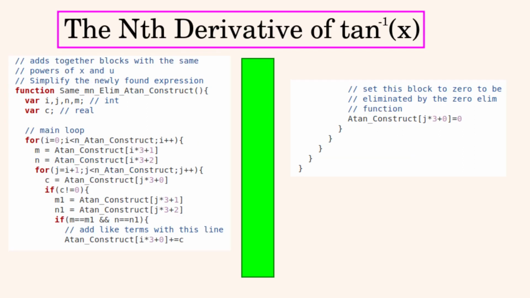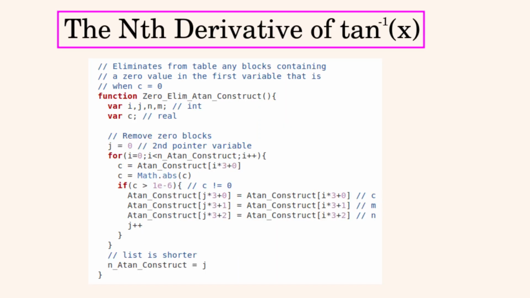So this is the function that gathers like terms together, adding their coefficients. This function is identical in all of the programs used to find derivative tables. This is the function that eliminates zeros in the newly constructed expression. It does this by having one indexing integer lag another, so that zero terms are written over and thus erased.